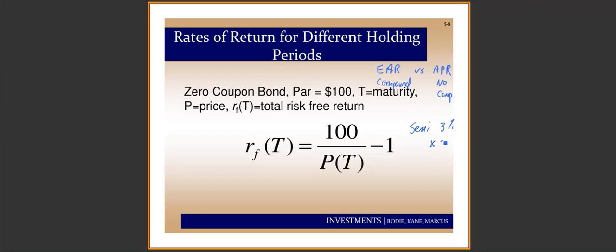Well, we simply multiplied it times 2 to get 6%, and that was the annual yield. That doesn't take into account compounding, does it? That's what we're going to do with the annual percentage rate. If we solve for a quarterly rate, we will simply multiply it times 4. If we solve for a semi-annual rate, we'll simply multiply that rate times 2. All right? So that's the annual percentage rate. For the effective annual rate, what we're going to do is actually compound.